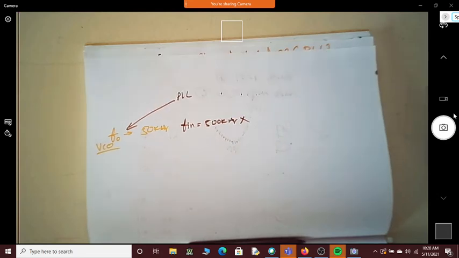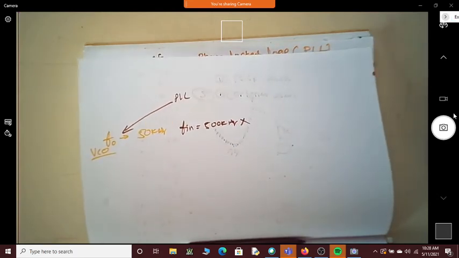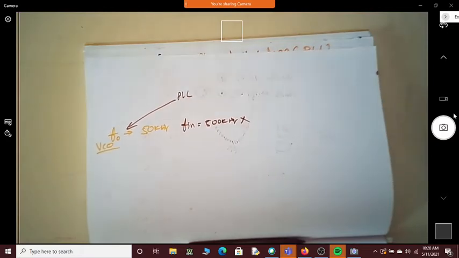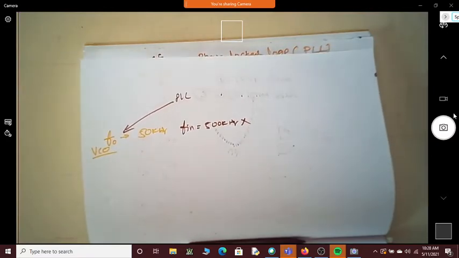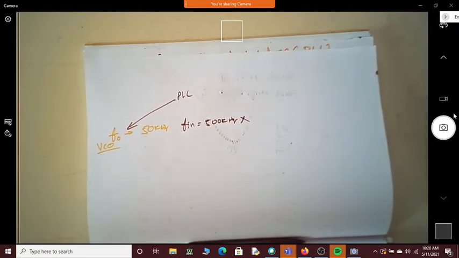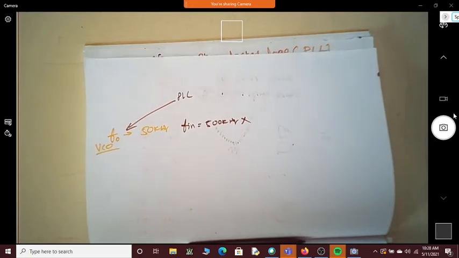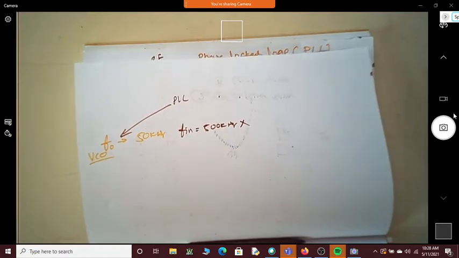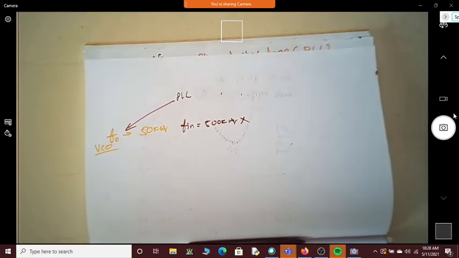What is there in amplitude modulation? How do you define amplitude modulation? Much more clear definition of amplitude modulation. Anybody for a 5 marks answer in analog communication? What do you mean by... Okay, much more clear.